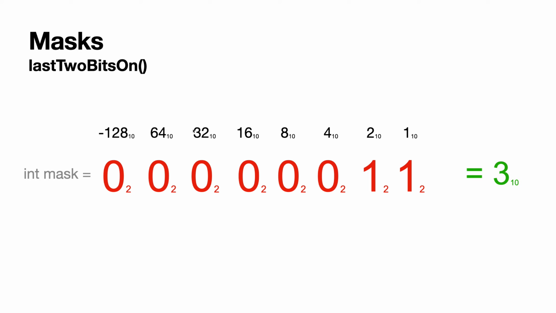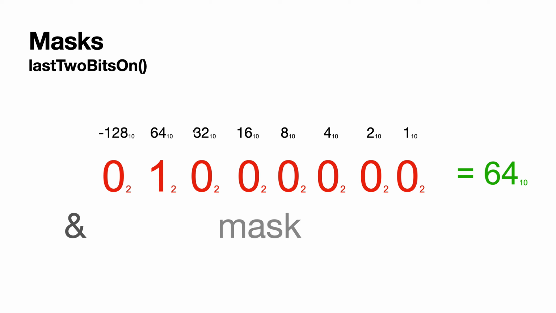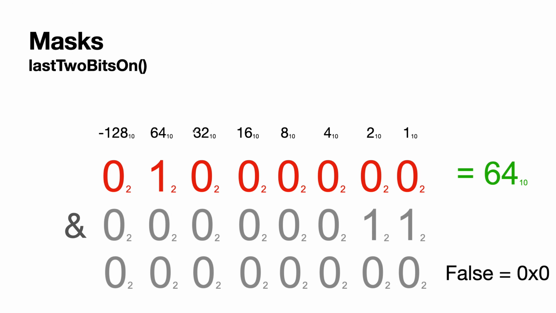Well, if we take this binary sequence that has the last 2 bits on, use it as a mask, and AND it with some integer, the result will tell us whether the last 2 bits of the original number are on or not. So in this case, are the last 2 bits for 64 on? Using the mask, we get the value for false, which is 0.